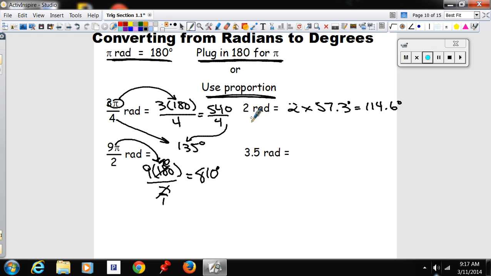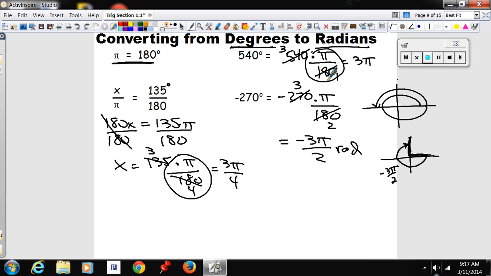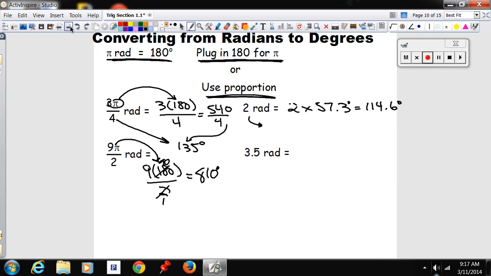There's another way to do it, though. You could reverse what we did on the last slide. You remember on the last slide, we did pi over 180, right? You could reverse that and do 2 times 180 over pi. You're going to get 360 divided by pi, which comes out to be 114.59.